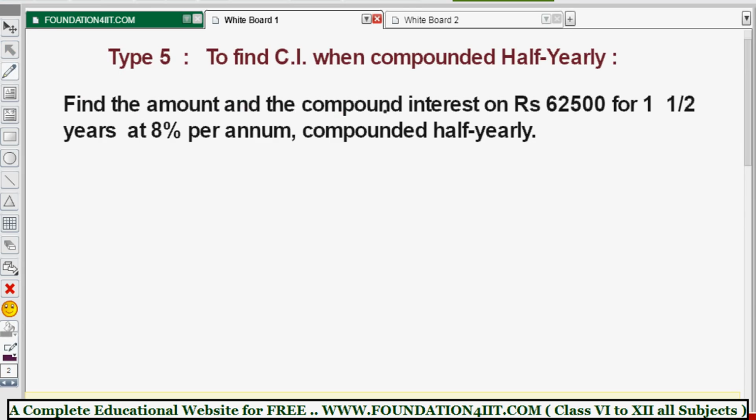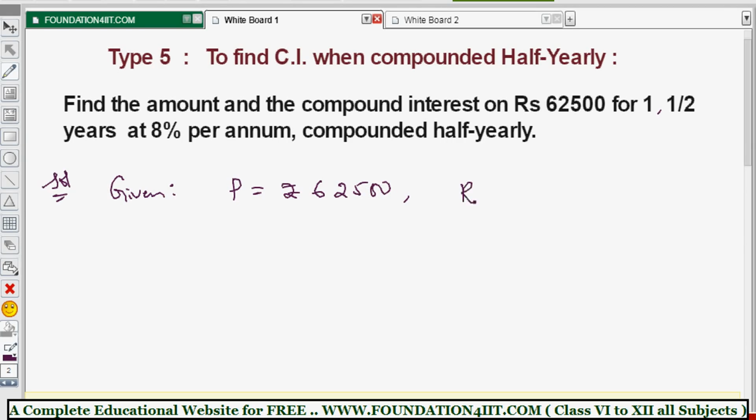Find the amount and compound interest on 62,500 for 1.5 years at 8% per annum compounded half yearly. So we'll take the given data first. Principal P is equal to rupees 62,500, that is fixed.